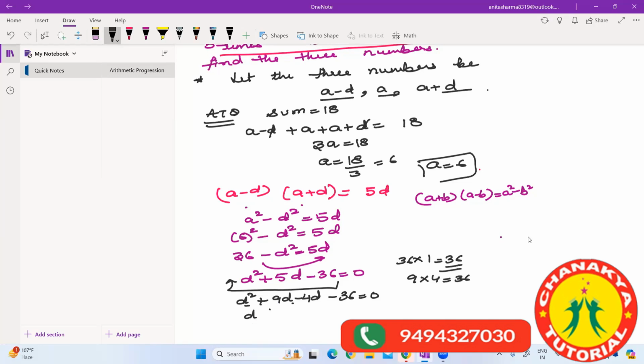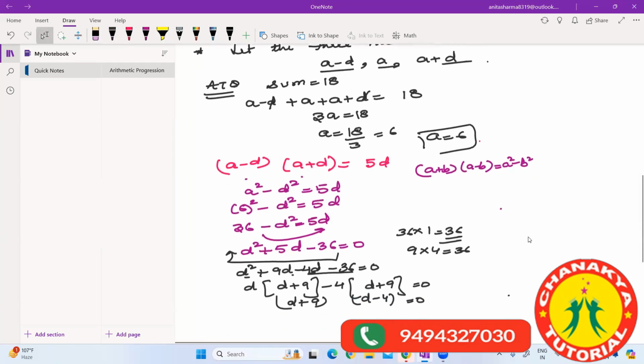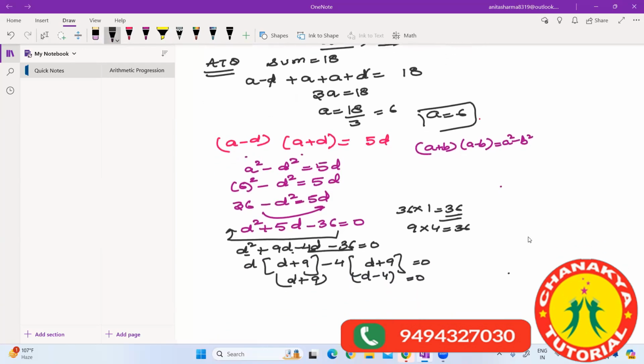Now you will take D common, then D plus 9, and from these two terms we will take minus 4 common, so D plus 9. So the factors are D plus 9 and D minus 4 is equal to 0. So D plus 9 is equal to 0 and D minus 4 is equal to 0. Then the value of D is minus 9 and the value of D is 4.